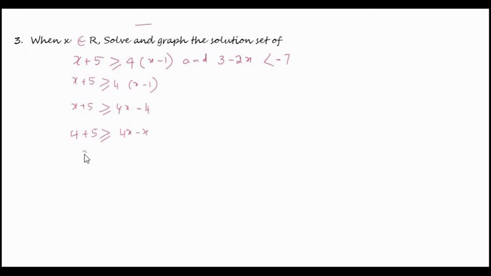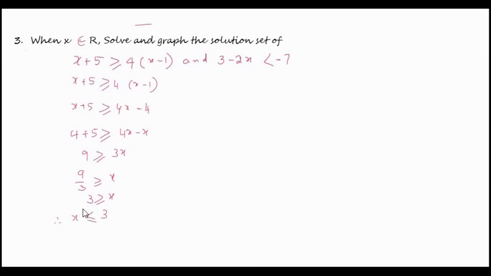So 9 ≥ 3x. Dividing both sides by 3, 9 divided by 3 ≥ x, or 3 ≥ x, or this can also be written as x ≤ 3.